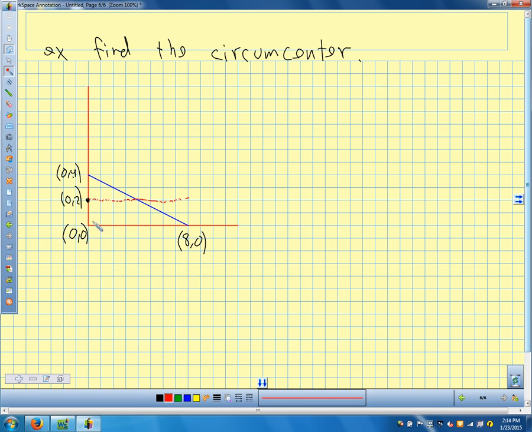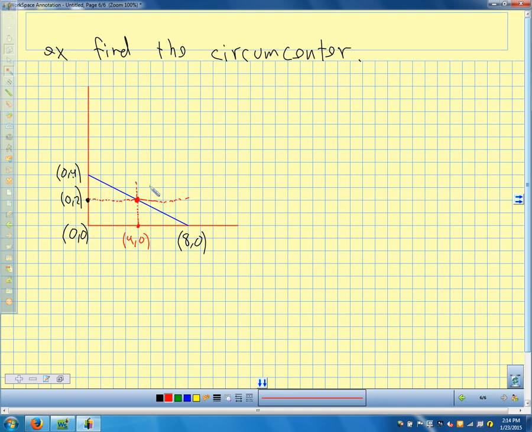What's the middle of this side? 4, 0, right? 1, 2, 3, 4. That point right there. And what direction do I go to go perpendicular to that side? Upward, straight up, right? Those cross right there. What are the coordinates of that point?